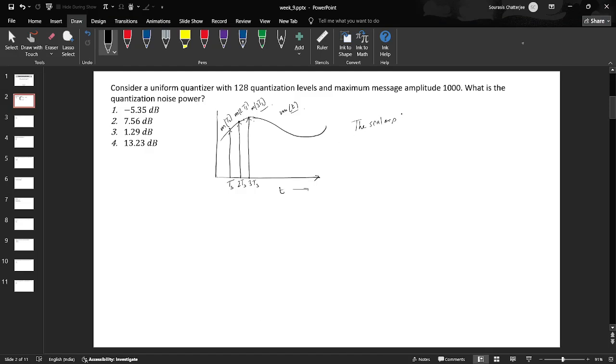So I was talking about sampling here. Sampling is just a previous step of quantization. The issue, as we discussed last time, is that quantization is needed because the scalars we are having here, the samples m(Ts), m(2Ts), these actually theoretically can take infinite number of values. That is the issue.